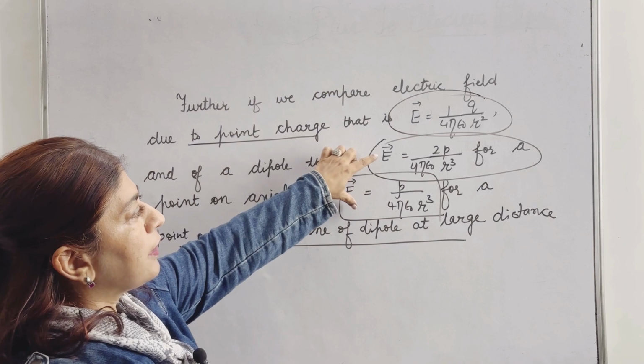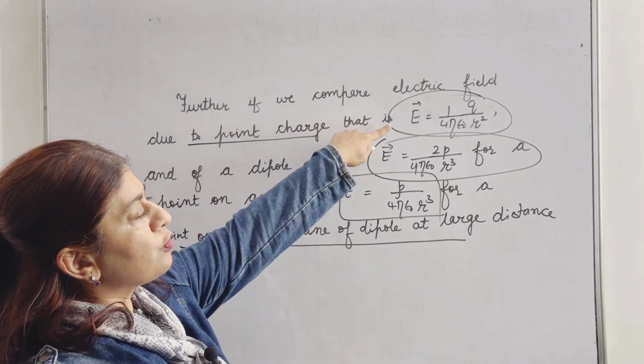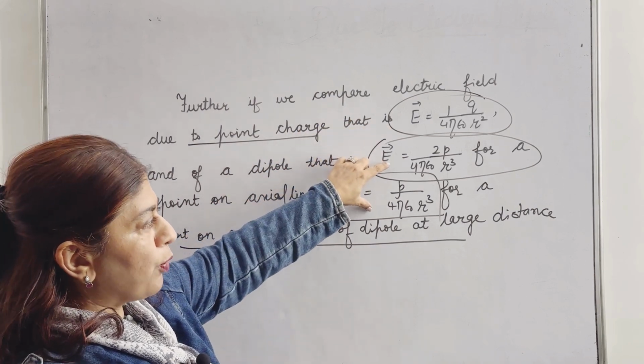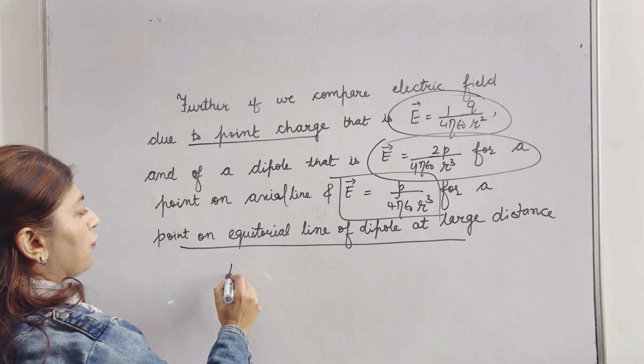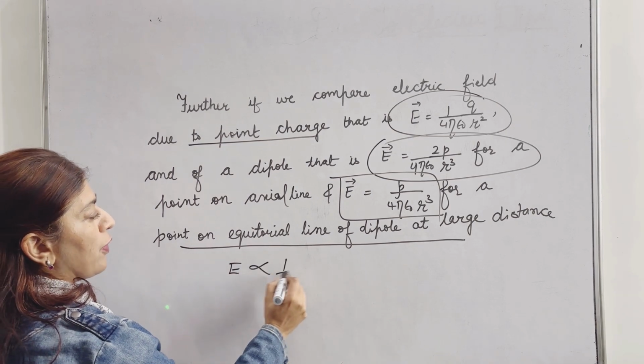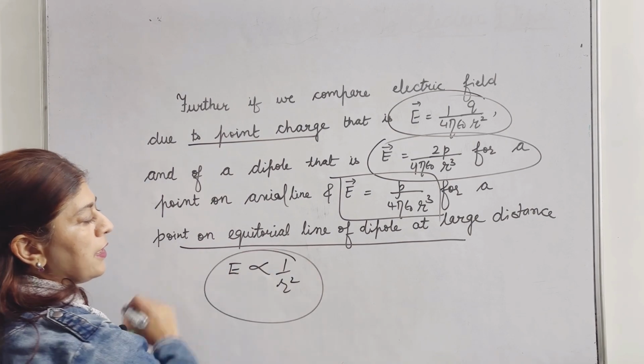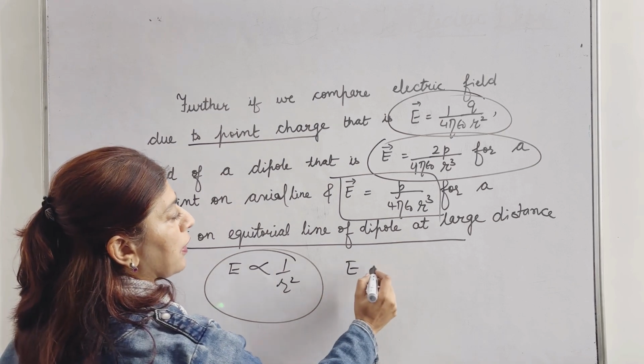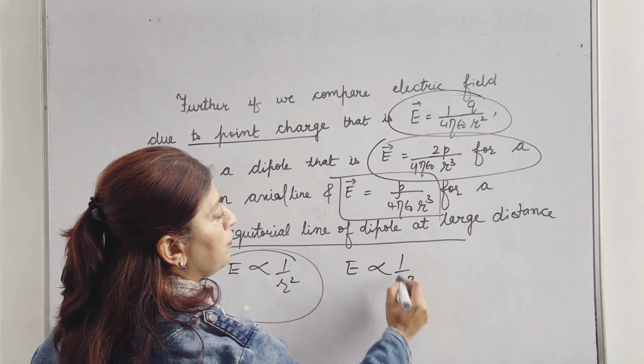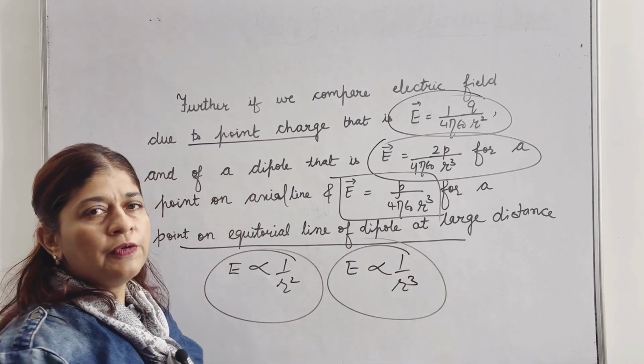If we compare the results of the electric field due to a single charge and due to a dipole, we see that the 1 by r square dependence in the case of a single point charge is replaced by 1 by r cube dependence in the case of a dipole.